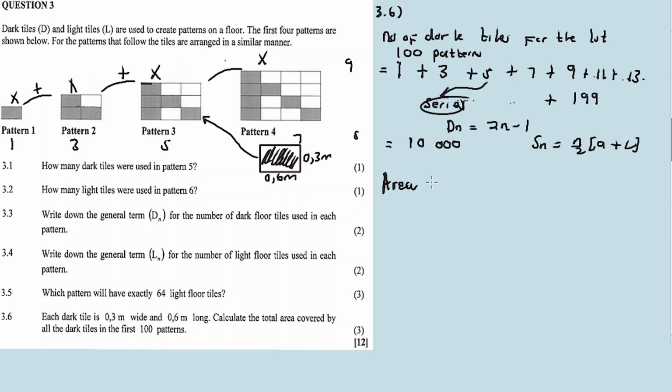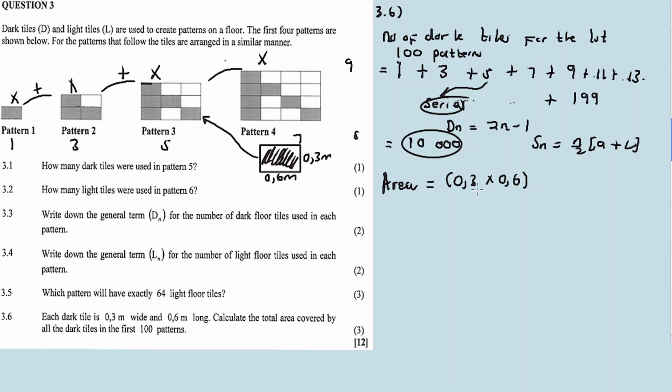Look, the area you must calculate is the area covered by the dark squares. So if one tile, the area for one tile is what? It is 0.3 times 0.6, for one dark tile, right? The number of tiles for the first 100 patterns is 10,000.